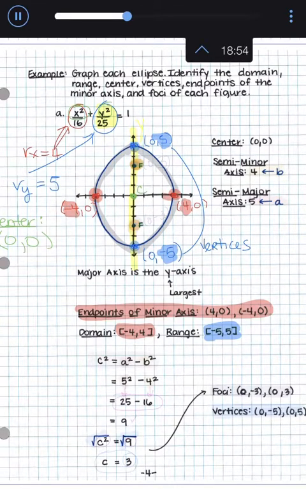Well, remember you use that formula c squared equals a squared minus b squared. Well, a is always going to be the radius of the major axis. The radius of the major axis here is 5.